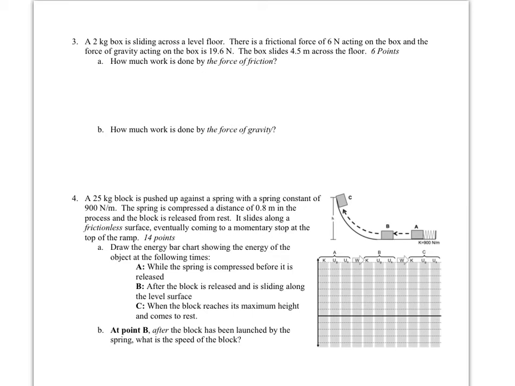For this next problem, we have another situation where we're trying to find the work done, but here we're given a force and a displacement, so we're actually going to use our F delta x cosine of theta definition here. And so what we're thinking about is a box that's sliding across a level floor. So we'll say it's sliding to the right. That's important because that's going to be the direction of our displacement.